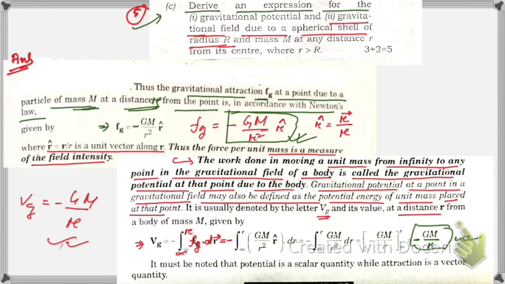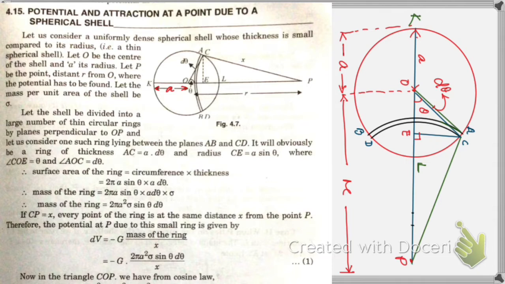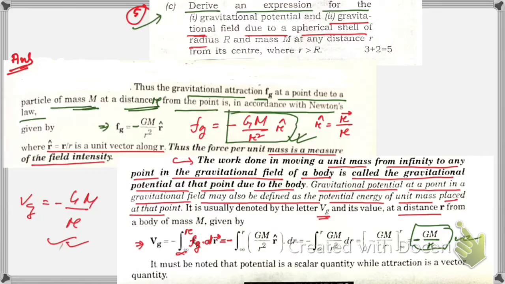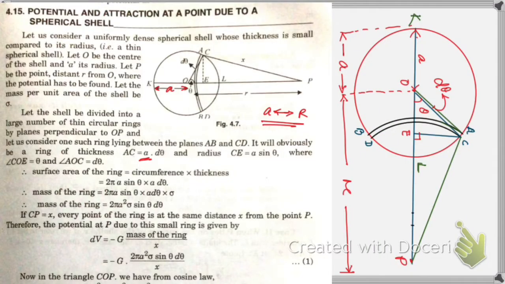In the question you were asked to take capital R rather than a, so just replace small a by capital R wherever small a is used, because in the question it is mentioned that the radius of the sphere is capital R, but the book from which I have taken this photo of the answer uses small a. That is the only difference.